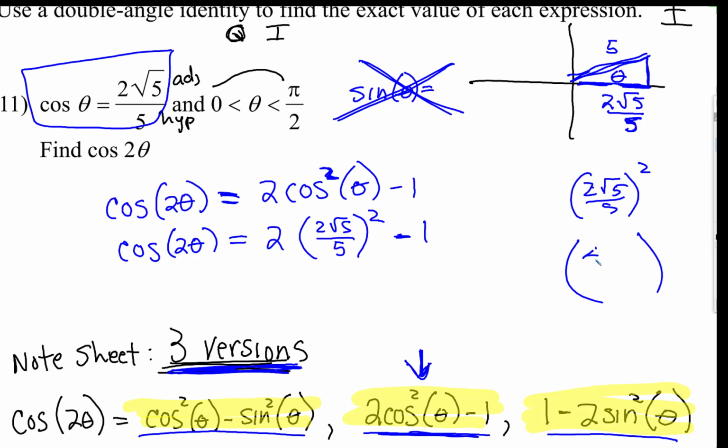The 2 gets squared, the root 5 gets squared, root 5 times root 5 is 5, and then 5 gets squared. Well, 5 squared is 5 times 5. Well, that cancels, and what we have left is 4/5. So now I can write 2 times 4/5, subtract 1. Well, when we subtract 1, if 5's in the denominator, I can rewrite that as 5 over 5.